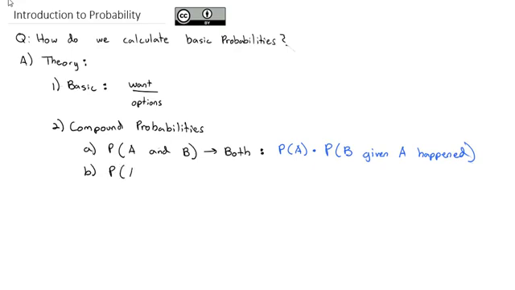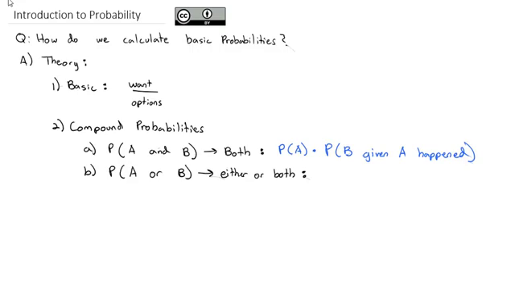The next option is the probability of A or B. That's the probability of either or both. I might be interested in the probability that it's sunny outside or above 80 degrees. It's OK if it's cloudy as long as it's above 80 degrees, or sunny's good as well even if it's cold, or both.